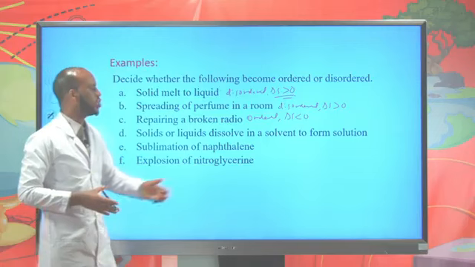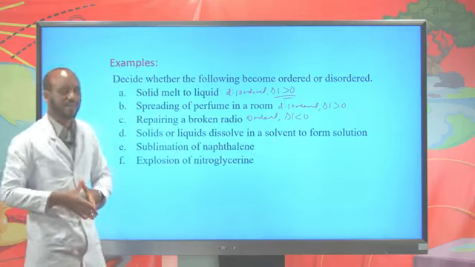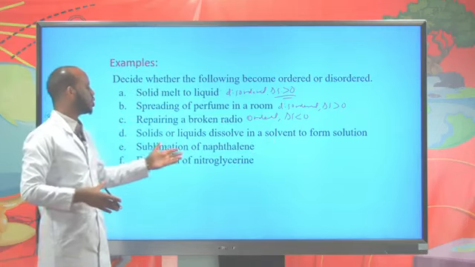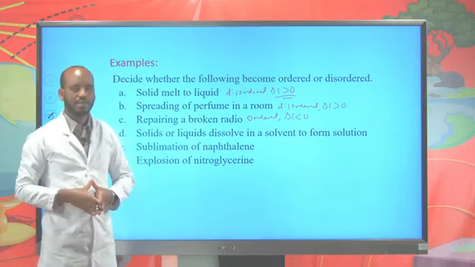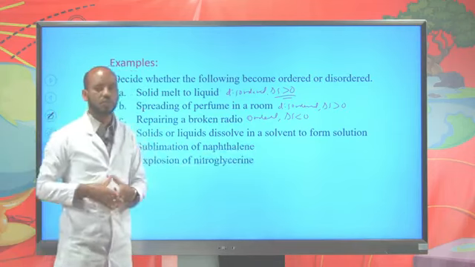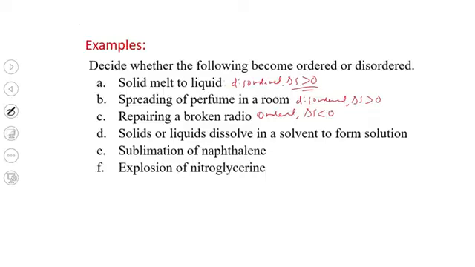The change in entropy delta S is greater than 0. Sublimation of naphthalene, disordered. Delta S is greater than 0. Explosion of nitroglycerin, disordered. Change in entropy delta S is greater than 0 and the sign of delta S is positive.